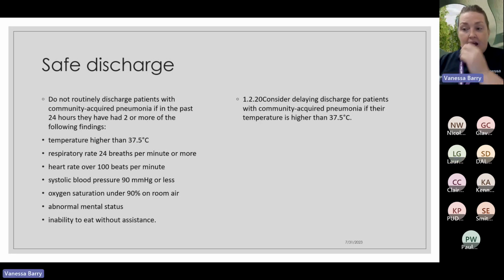I know of a lot in the last week that I've been to see that sit quite happily with heart rate around 100, and are known to have a respiratory rate of around 24 as a normal for them. And they're saturating at 88% because of the type 2 respiratory failure. Does that mean they can never go home? It's not the case, but I think it's a great starting point.